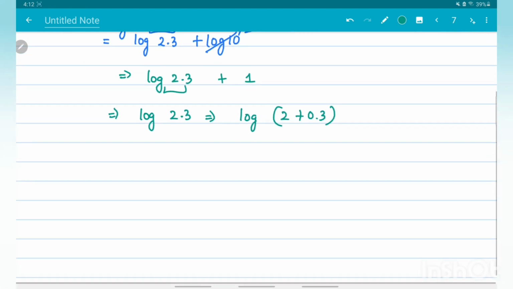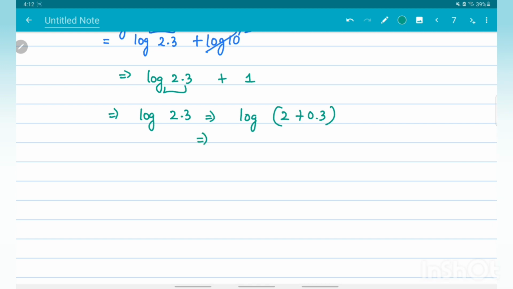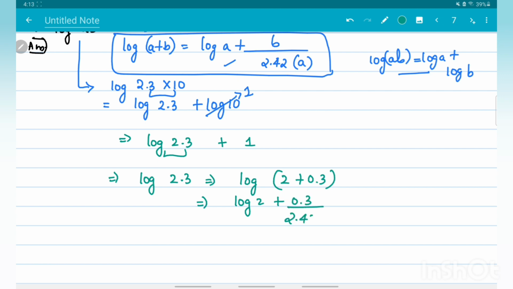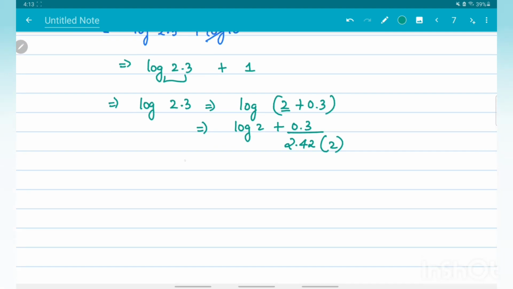Now we will apply that formula of log (A plus B) and this becomes log 2 plus, what was our formula? Log A plus B divided by 2.42 times A. So B over here is 0.3. So 0.3 divided by 2.42 times A. A here is 2. So divided by 2.42 times 2. Now I told you in the starting the value of log 2.